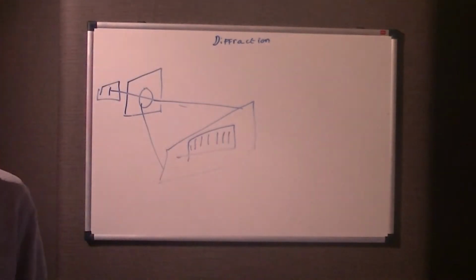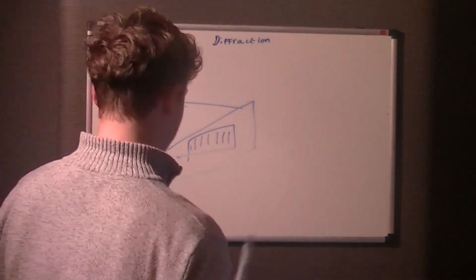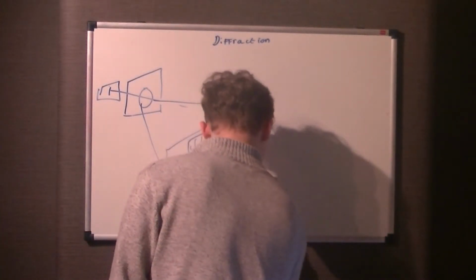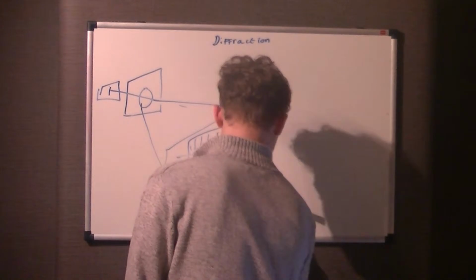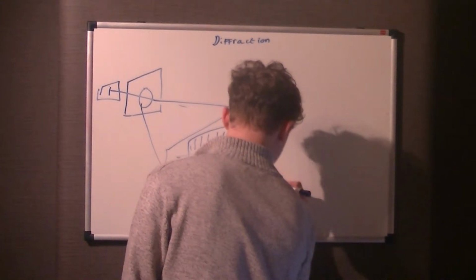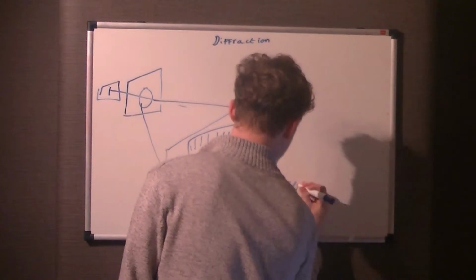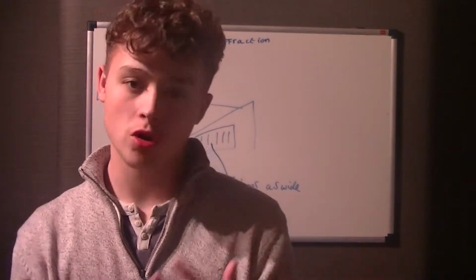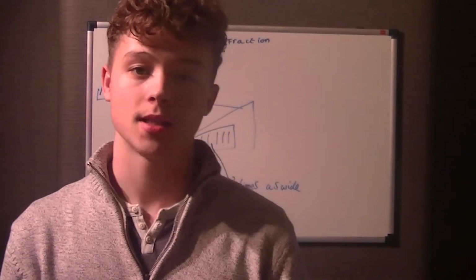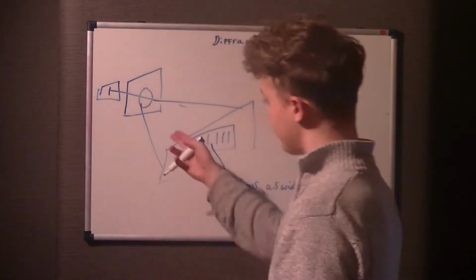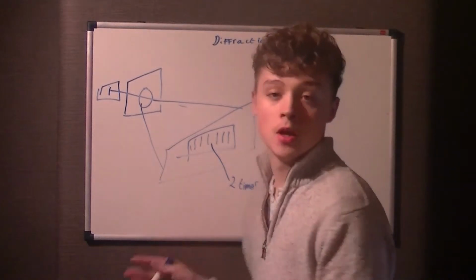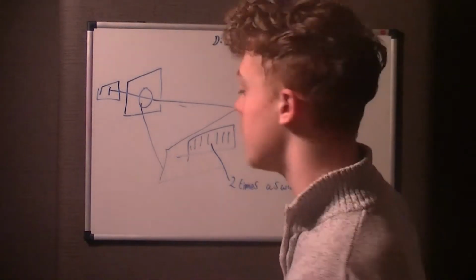A couple of things to know about the single slit. The central maximum is twice as wide as the others. And this is because you've got the constructive interference from the left hand side of the diffraction and the right hand side coming together, so you get two times the effect in the central.